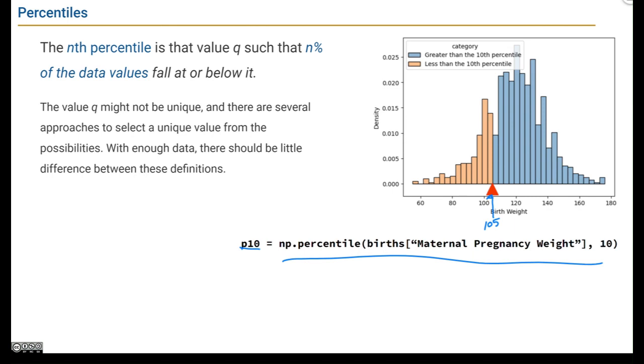There's some slight nuances and different ways that you can calculate this, but I will point out that in general, with enough data, there's very little difference between the various options, but there's not necessarily one unique percentile. So we are going to be using NumPy so that we all get the exact same ones because we'll be using the same definitions.